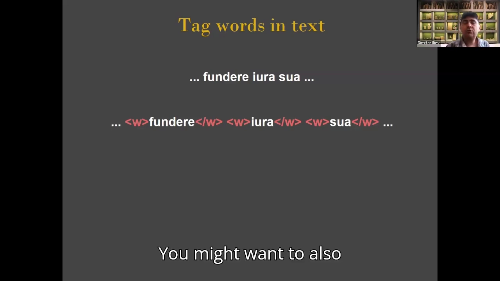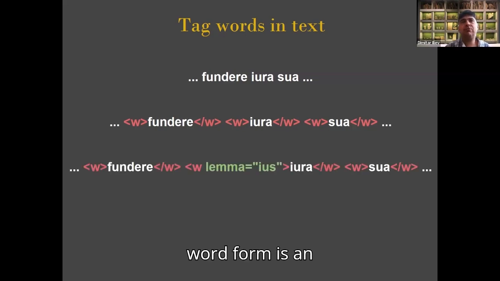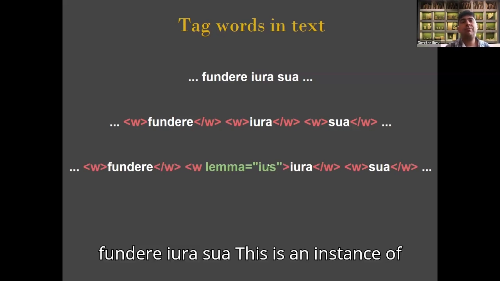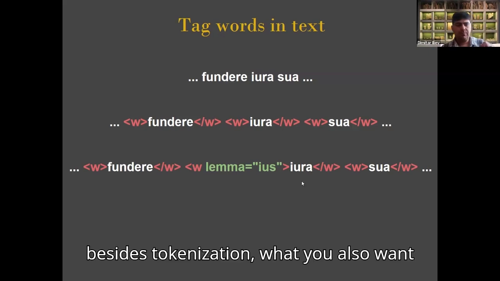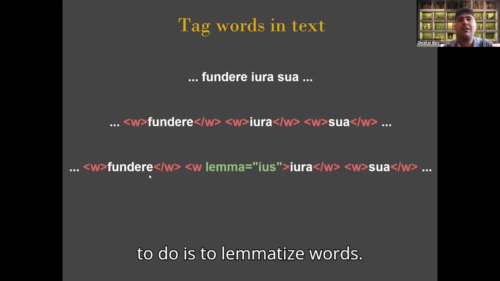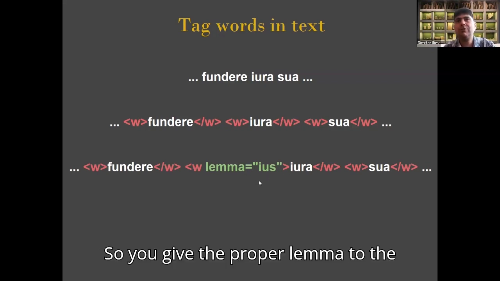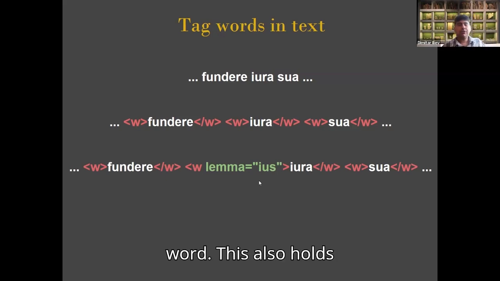You might want to also indicate that this particular word form is an instance, fundere iura sua, for example. This is an instance of the word used. So besides tokenization, what you also want to do is to lemmatize words. So you give the proper lemma to the word.